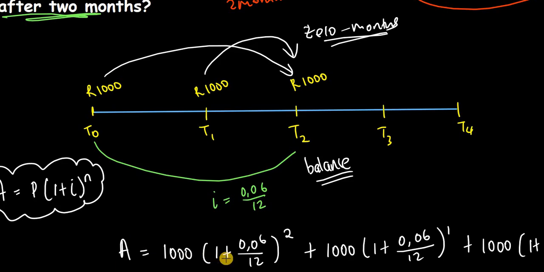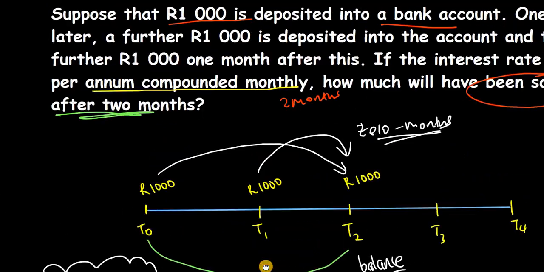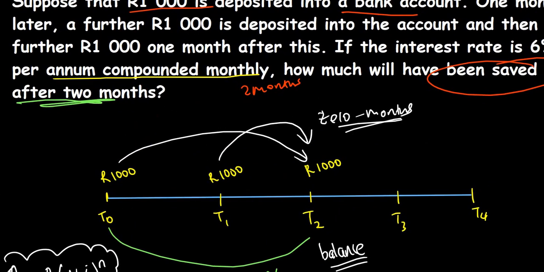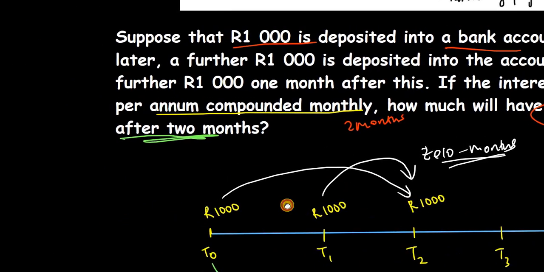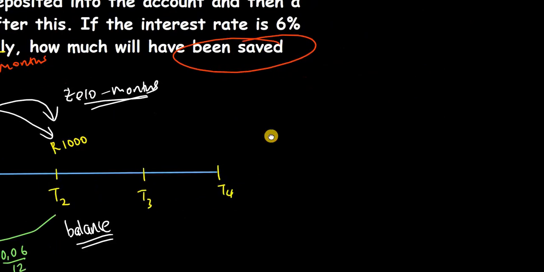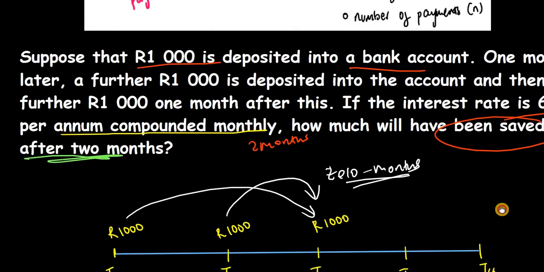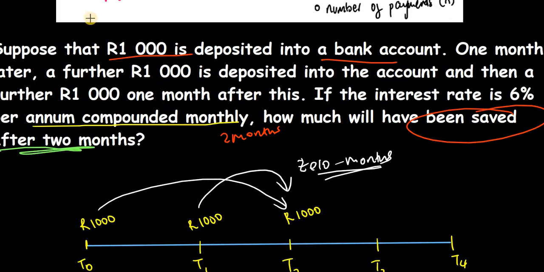Now, this very same question, we're going to do it using the future value formula, because the future value formula applies here since our last value did not earn interest. So how do we apply it there? The money that you are depositing equally, that's going to be your x, and then we are looking for the future value.